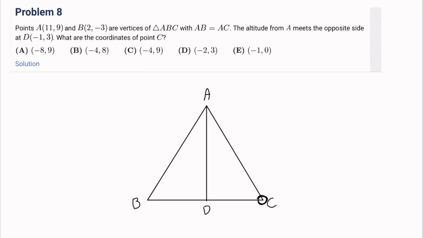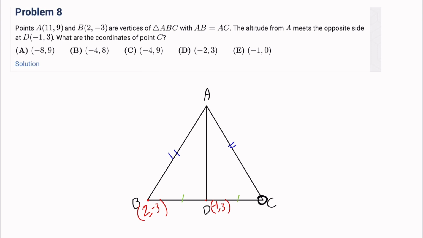And B is (2,-3), and D is (-1,3), right? And since B, D, and C are all on a line, and this is isosceles, that means BD and DC are the same length.